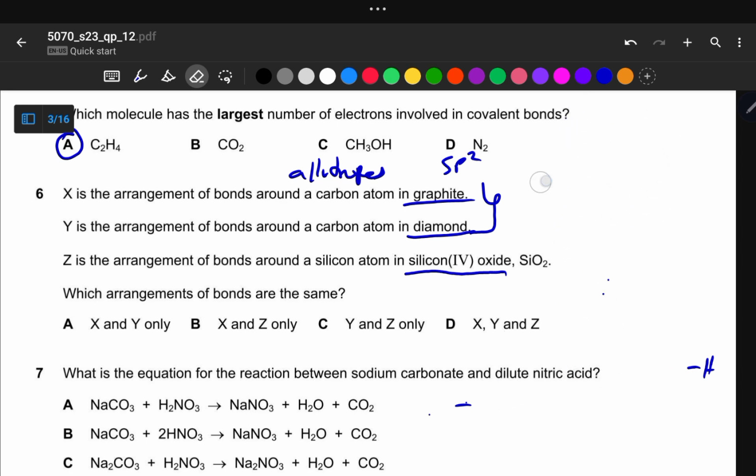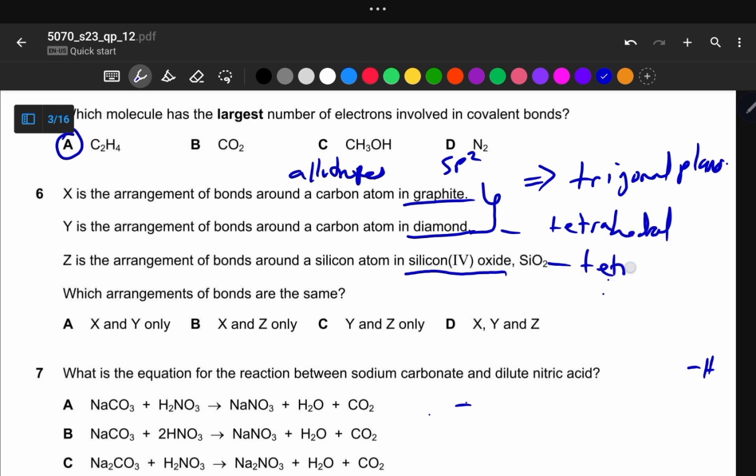So the arrangement in the graphite, it is a trigonal planar arrangement, right? And then for diamond, we've got a tetrahedral arrangement. And then for silicon dioxide, we also have a tetrahedral arrangement of particles.